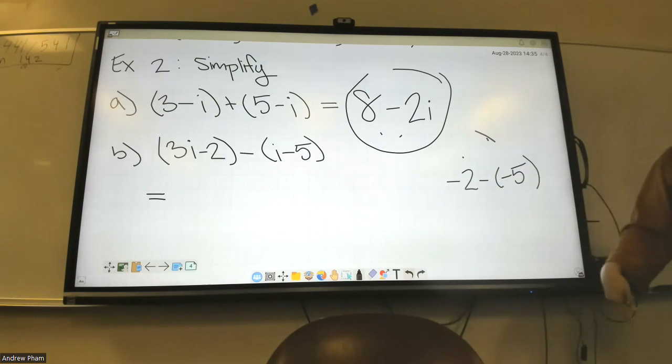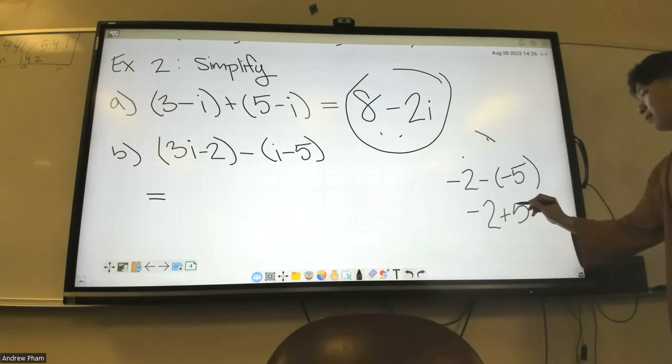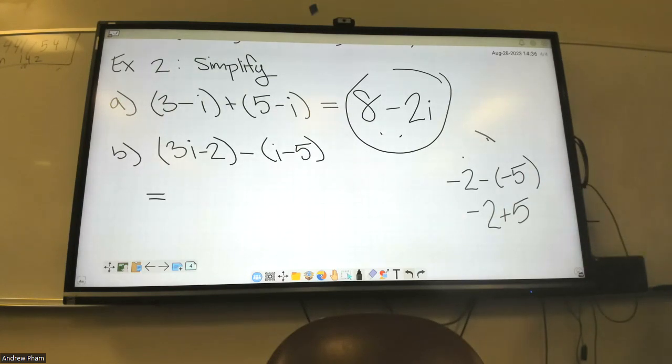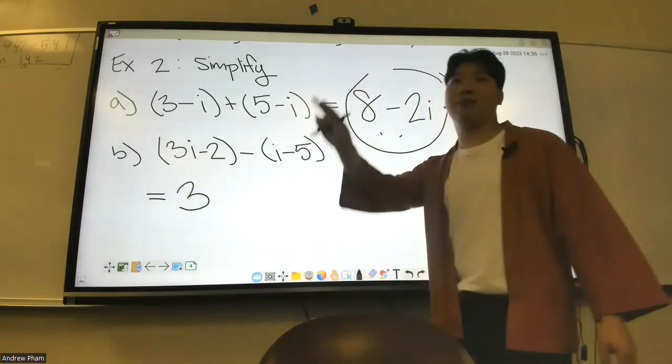So minus a negative becomes a plus. So this is why I include the negative. Make sure that you're keeping track on, is it minus a negative or is it minus a positive? So what's -2 plus 5? 3. So the real part of my answer is 3.